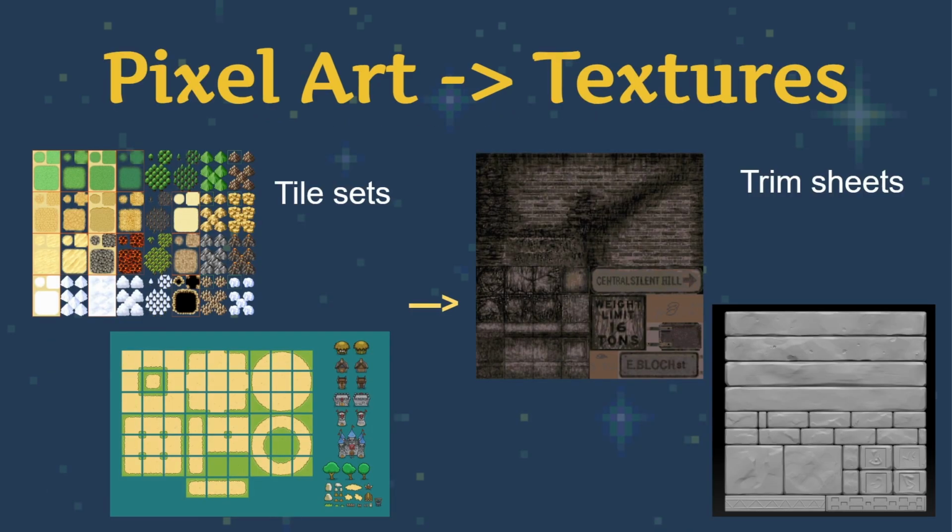And if you're a pixel artist, you may already be familiar with game engines like RPG Maker. They use this technique of putting all of their art in tile sets so that they can be reused. In 3D, we have an analog called trim sheets, which is essentially the same thing. You're just bunching all of those textures together in a reusable way.